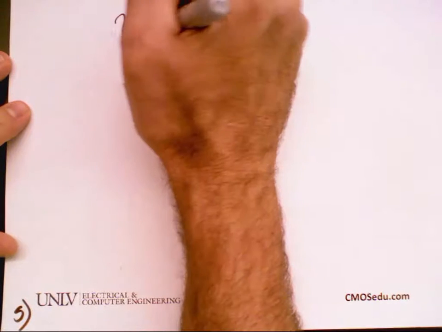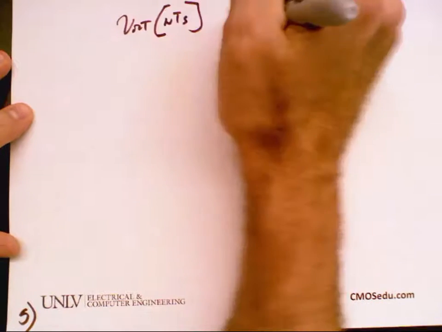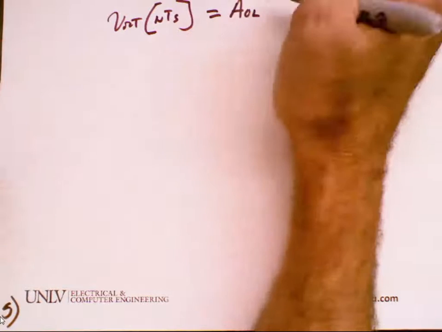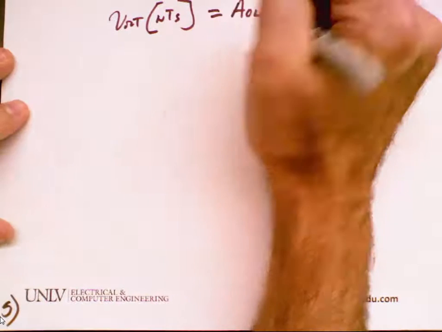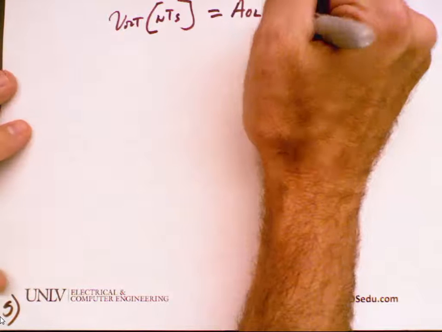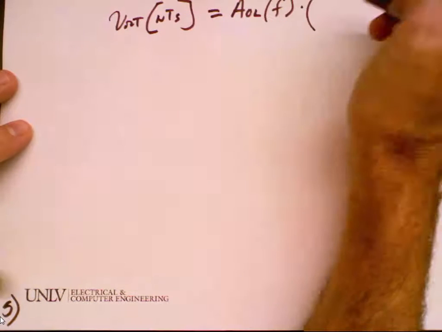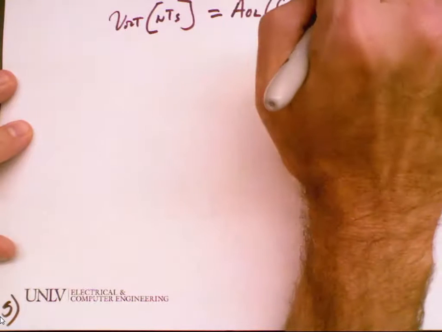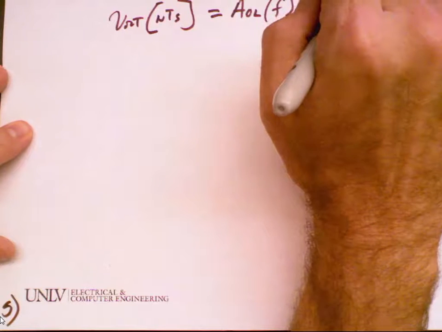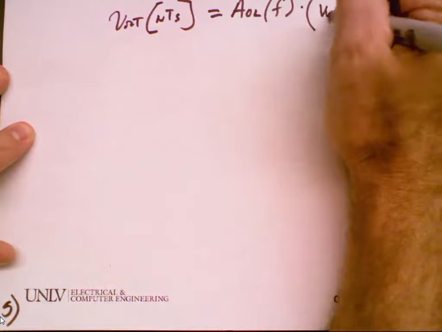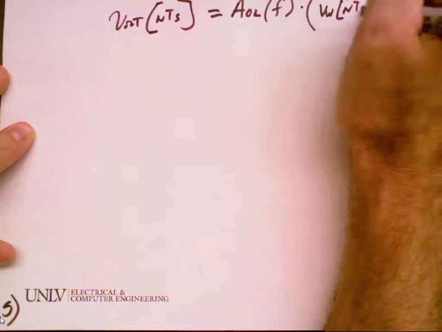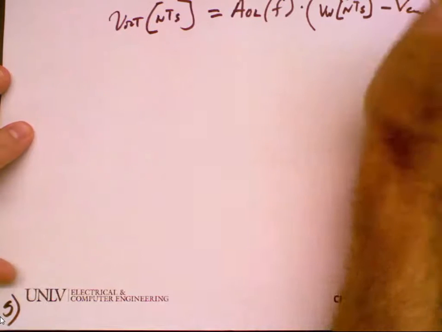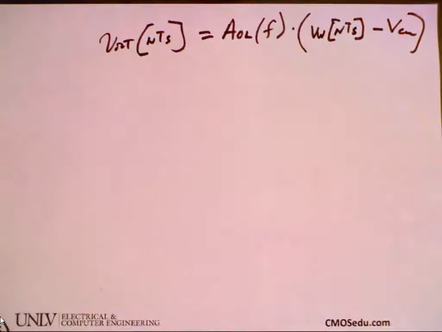V out is going to be equal to A open loop, which is a function of frequency, I'll just write it like this, times the voltage on the positive input, which is V in, minus VCM. Okay, so does everybody agree with that?